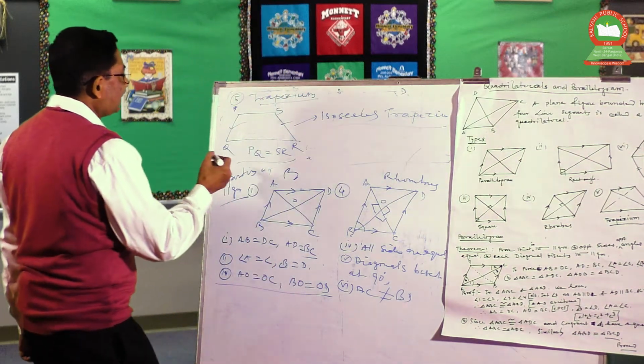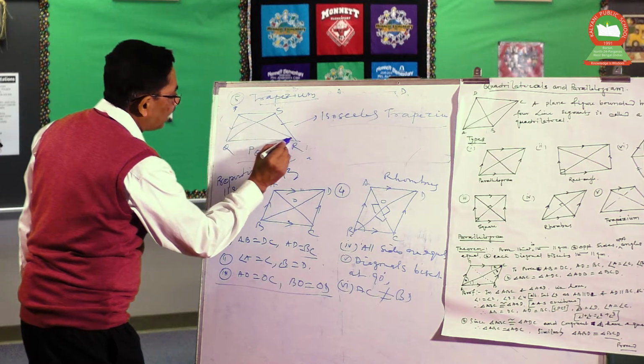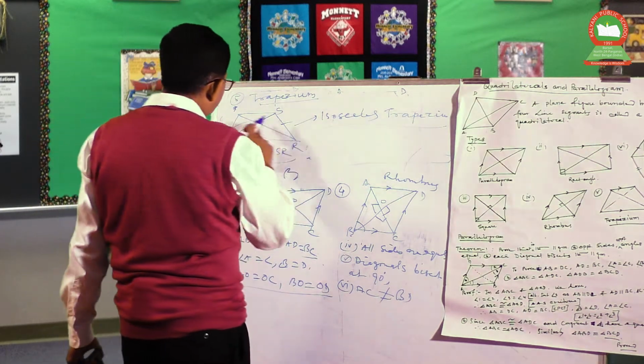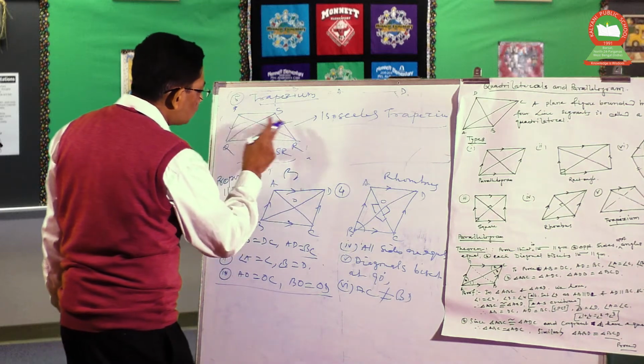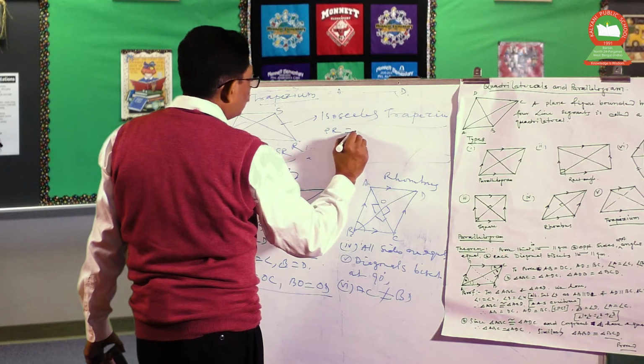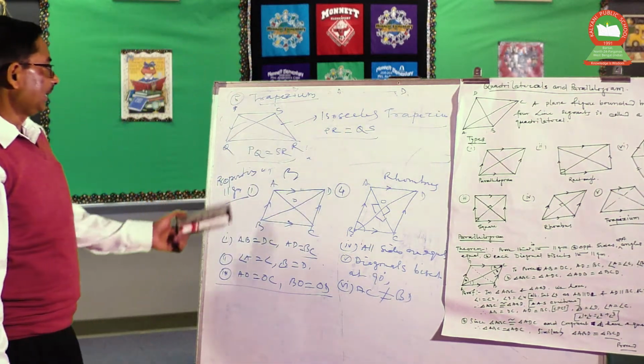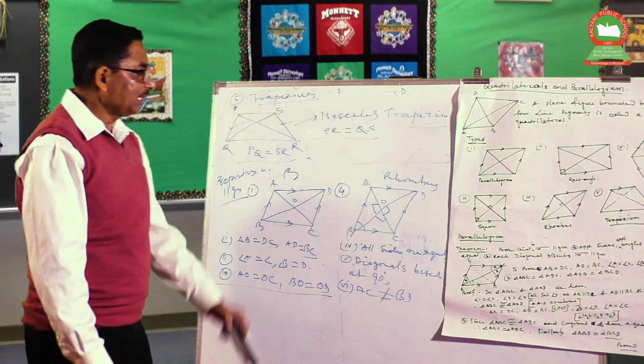Here another property is that the diagonals of an isosceles trapezium are also of equal length, that is PR equal to QS. This is the trapezium.